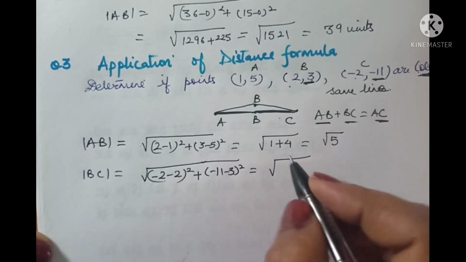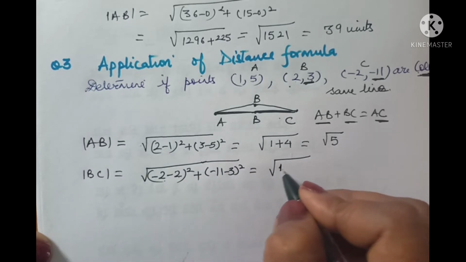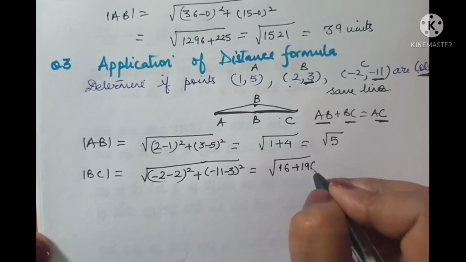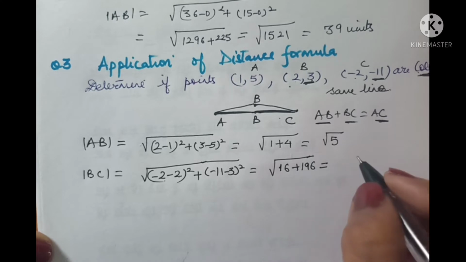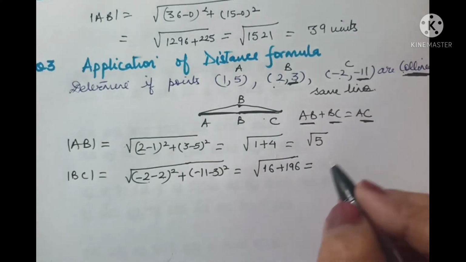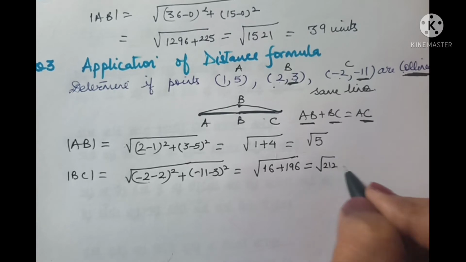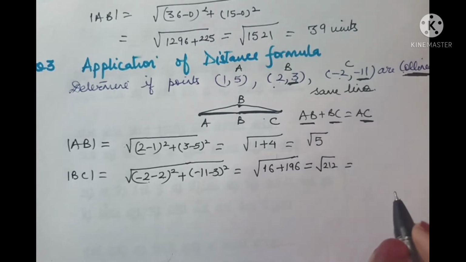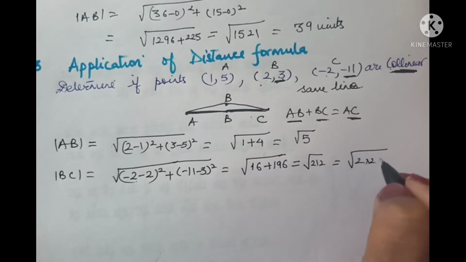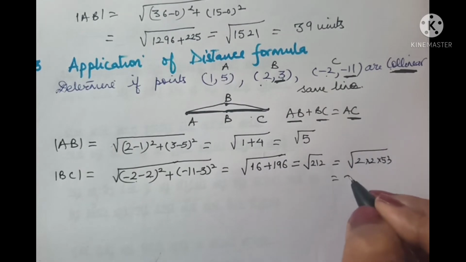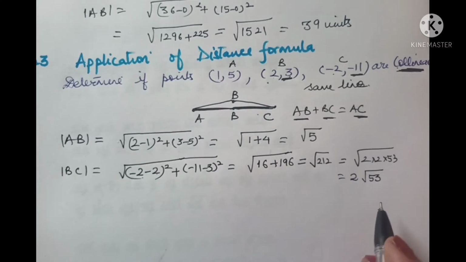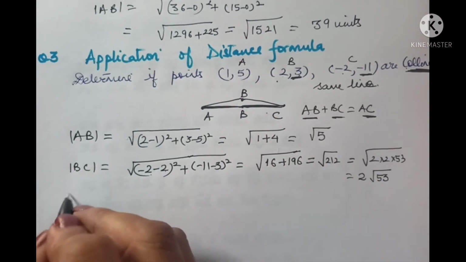This gives you minus 4 square, that is 16, plus minus 14 square, that is 196, and you get this as root of 212, which further you can solve. You must simplify it and we get 2 into 2 into 53, so one 2 comes out and 2 root 53. So this is the maximum simplification. Leave it here.